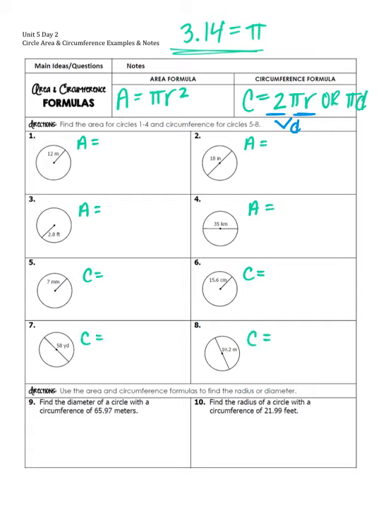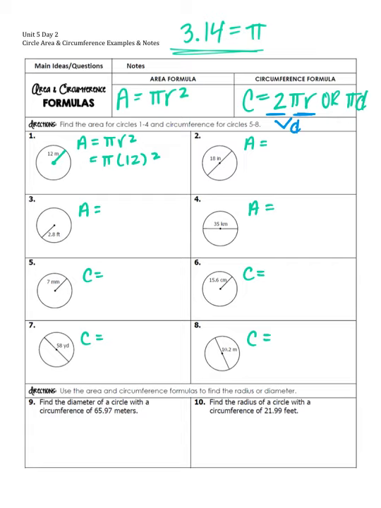Okay, so the area is pi times the radius squared. We don't have a second equation for area, so you always have to know what the radius is in order to find the area. In this case, my radius is 12. It's the distance from the center of the circle to the point on the outside. So it's pi times 12 squared. And remember, we're just treating pi like it's a variable.